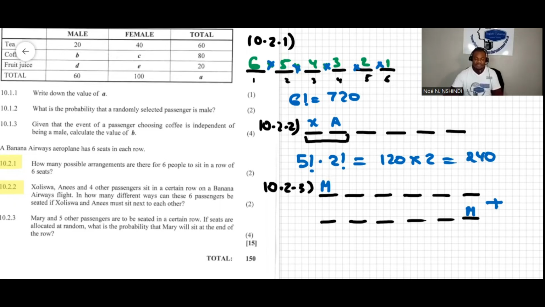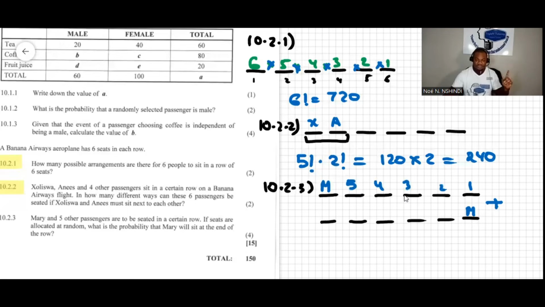Now if Mary must sit at the end of the row on the left, her place is already fixed. Once she sits here, there are 5 possibilities for the other people, then 4, 3, 2, and 1.